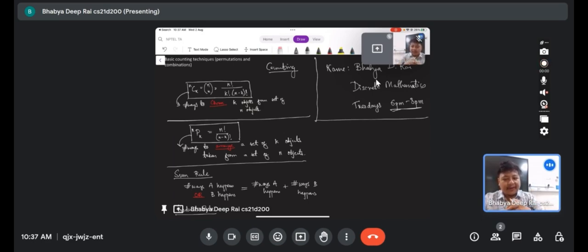So one natural question is how do we count those objects? It seems like a pretty basic thing, but counting goes a long way. It is used all over in mathematics and computer science. And counting can get pretty advanced, but all of it depends on basic counting techniques.